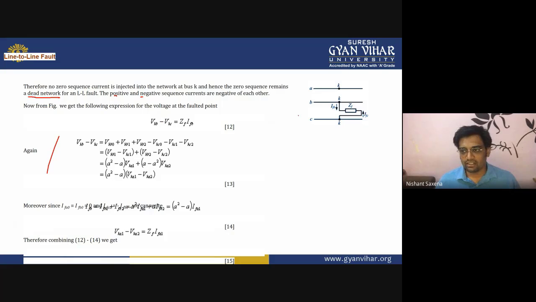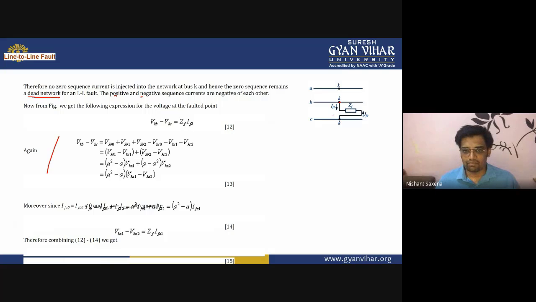So from this figure we can say that VKB minus VKC, the phase voltages from node K for phases B and C, will be equal to ZF into IFB.